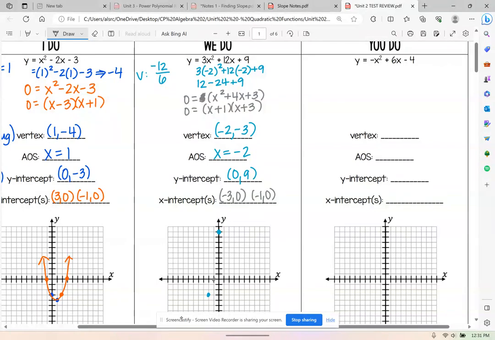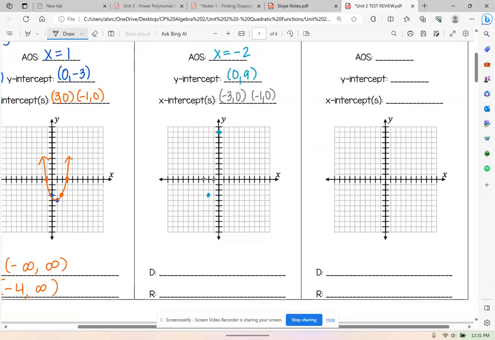Negative 1, negative 3. I have 4 points on there. I need to reflect this over. So it's 2 and it's 2. That's a really bad connecting of the points. It's okay though. What's my domain?